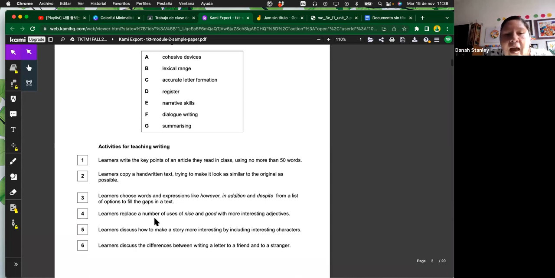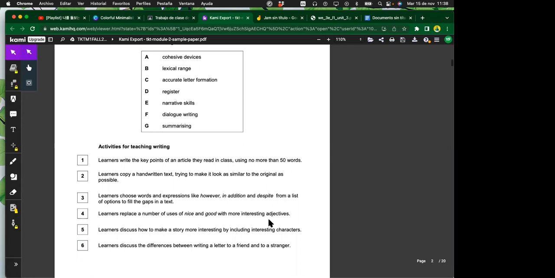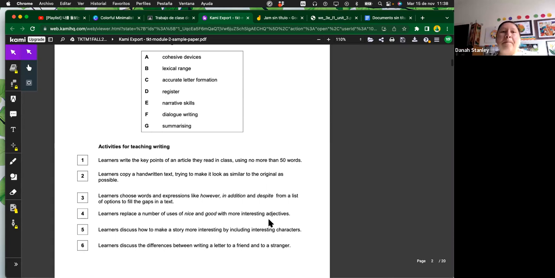Learners replace a number of uses of nice and good with more interesting adjectives. B, lexical range. Ajá, letter B. B as baby, lexical range. How can we do, or what are we suggested to do when we are introducing new vocabulary?